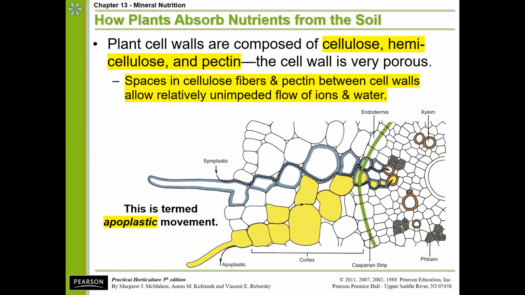So we see this here as apoplastic movement, and basically this is just the movement of water and ions, mostly ions though, through the cell walls. And you can see here it's taken up along the root tip and then through the cell walls, and then into the xylem and phloem.